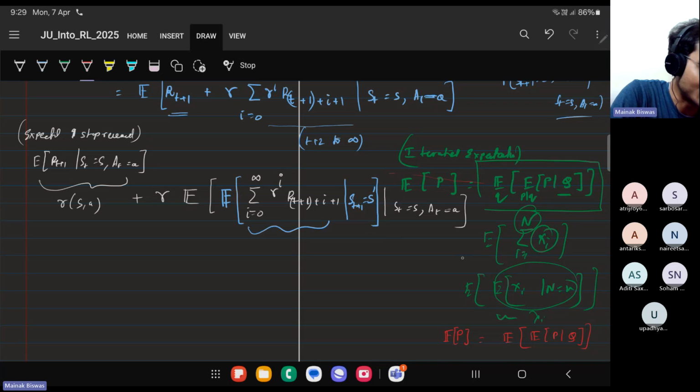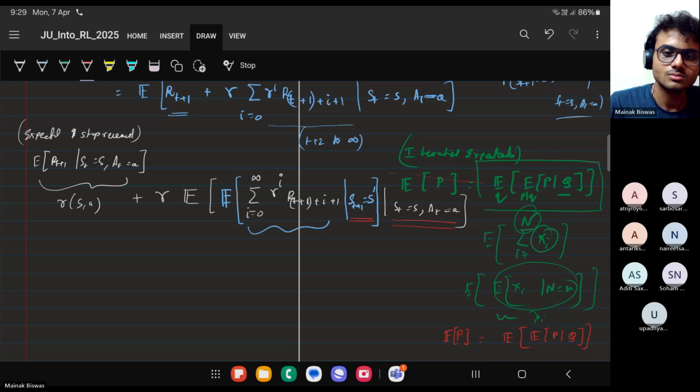So I don't know the expectation given ST and A, but I do know the expectation given ST plus 1. Can anyone tell me how I know that given ST plus 1? What is this? This is just the V pi of S prime, yes or no?